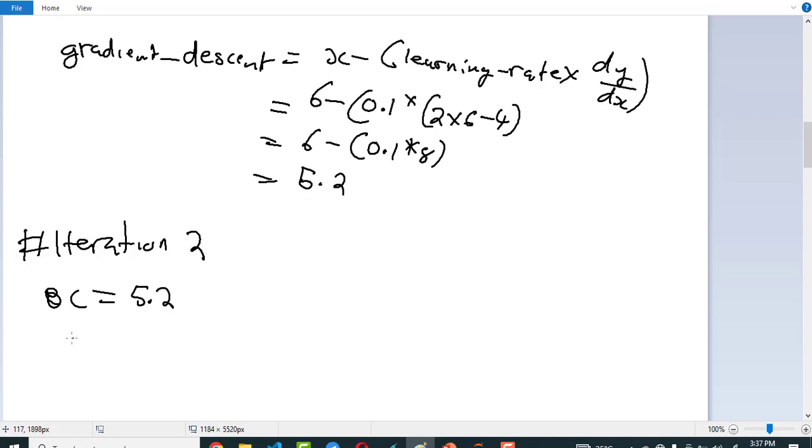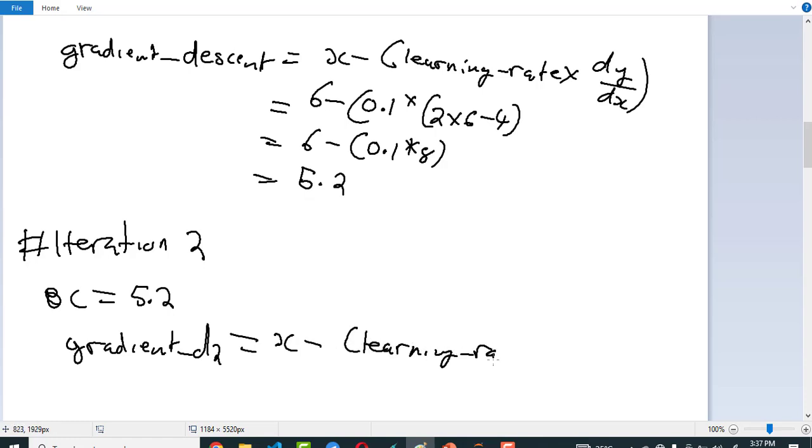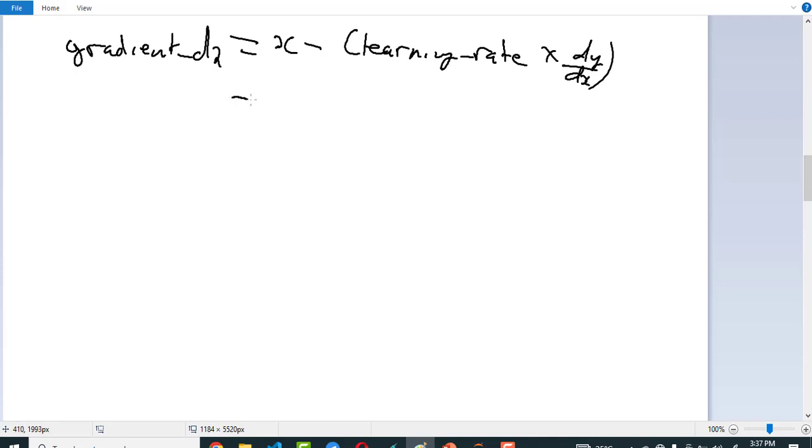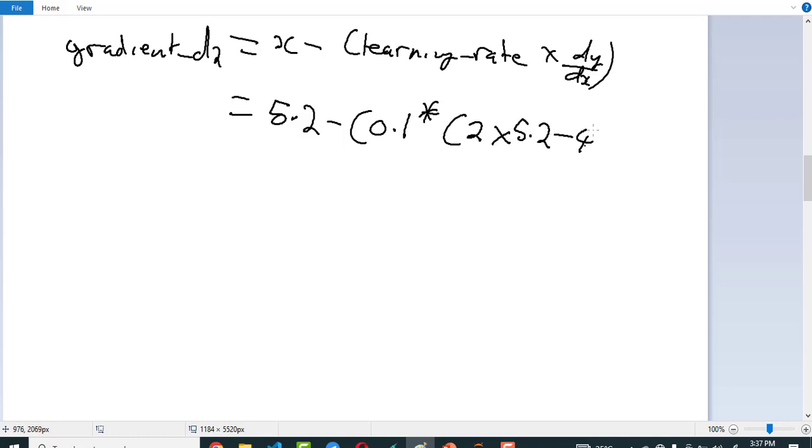So our variable gradient_descent 2 equals x minus our learning_rate times our gradient, which is 5.2 minus 0.1, our learning rate, multiplied by 2 times 5.2 minus 4.